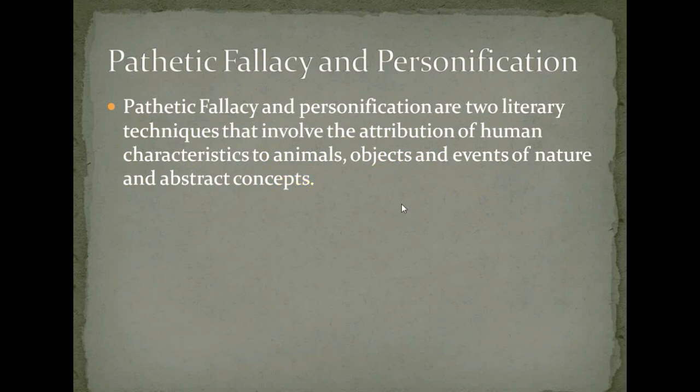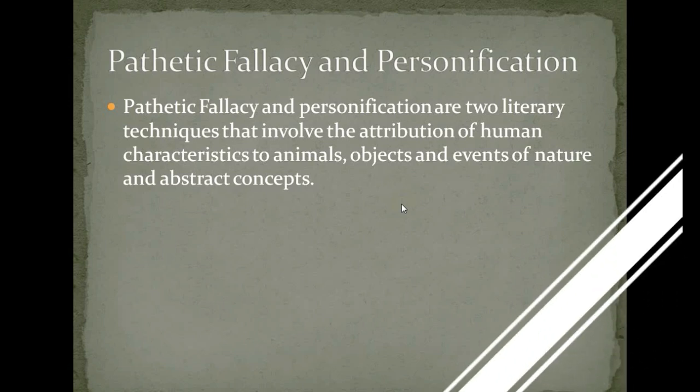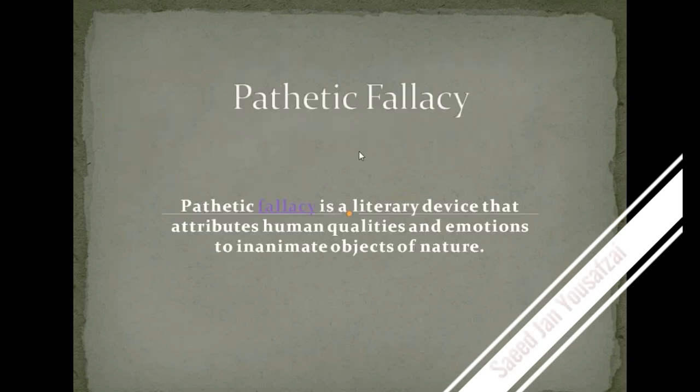Okay, so if you look at this definition, one thing is clear, and that is both these devices lend something that is related to humans to non-living things or to animals or objects. Okay, so first we're going to discuss each one of them, and after that we would compare both to find out the difference. So let's move to pathetic fallacy.